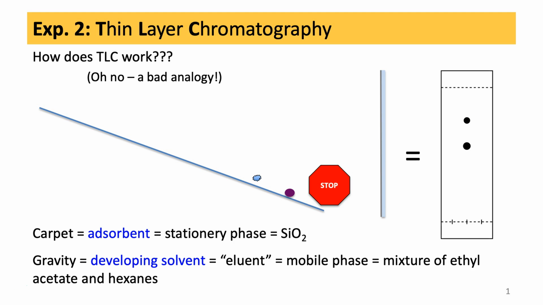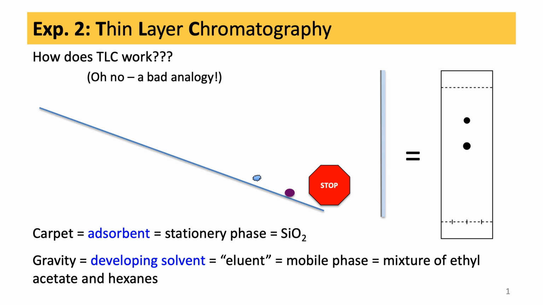All right, so the carpet is the adsorbent, aka the stationary phase, and in our organic chemistry labs, we're almost always going to be using silicon dioxide, SiO2, as our stationary phase. The gravity that let the balls roll down the carpet, in TLC, it's not gravity.